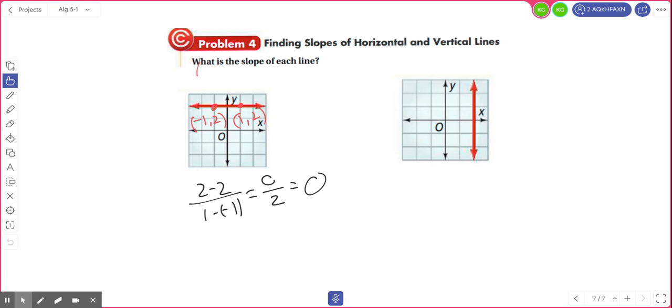And a good way to think about slope is that it measures the steepness of a line. Slope is steepness, right? If you're walking up a hill and it's very difficult to get up that hill, it probably has a high slope.